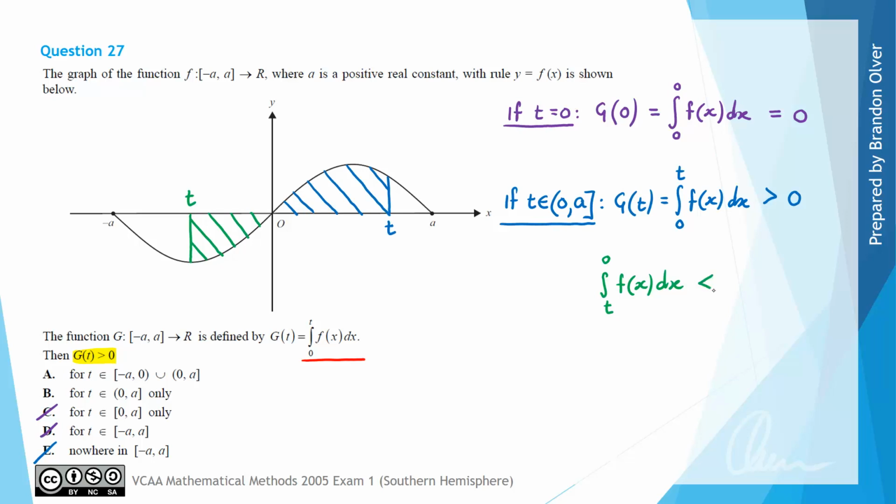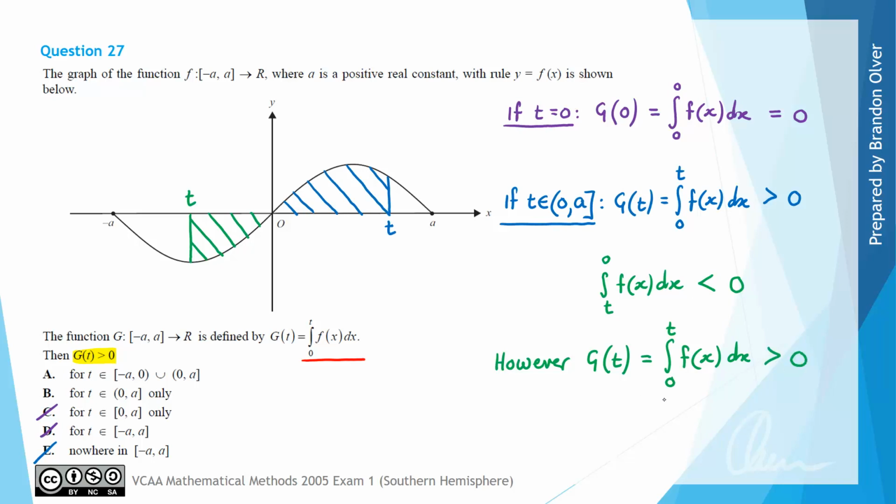And we know that that would be less than 0 because the area is below the x-axis. However, our function g of t isn't the integral from t to 0, it is the integral from 0 to t of f of x dx, so we've swapped the terminals. And that, if we swap the terminals, will result in a positive value rather than a negative one.